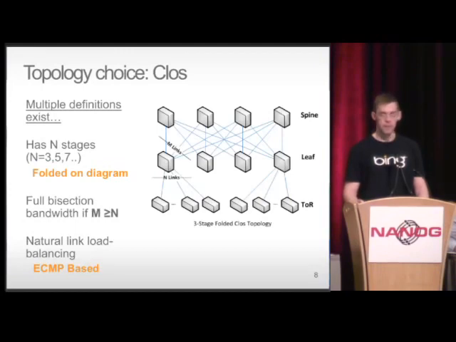This topology provides full bisection bandwidth as long as your number of uplinks, M, from the leaf switch is more or equal to the number of downlinks going down to your, say, top of rack or end of row switches. We use top of rack only, so this is why you see the top of rack layer on the diagram.